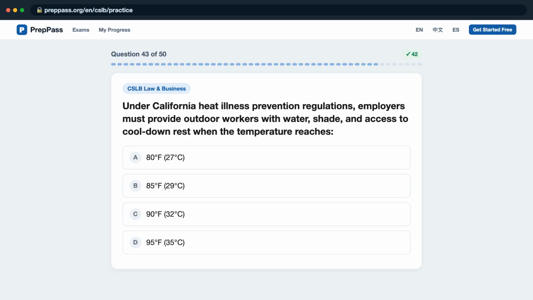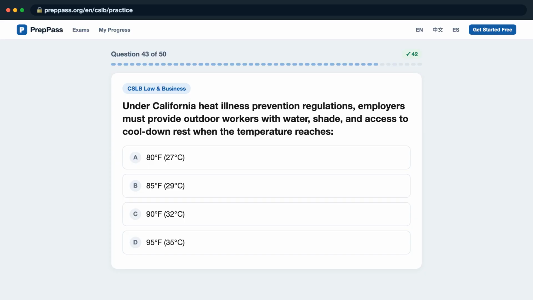Question 43. Under California heat illness prevention regulations, employers must provide outdoor workers with water, shade, and access to cool down rest when the temperature reaches, is it A, 80 degrees Fahrenheit, 27 degrees Celsius? B, 85 degrees Fahrenheit, 29 degrees Celsius?